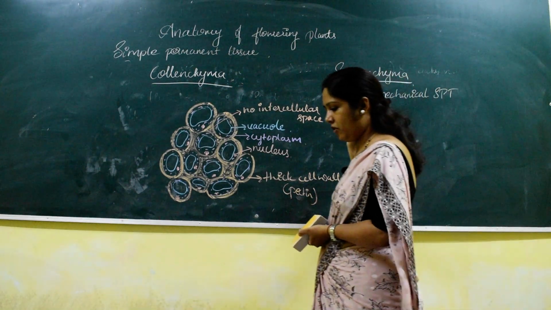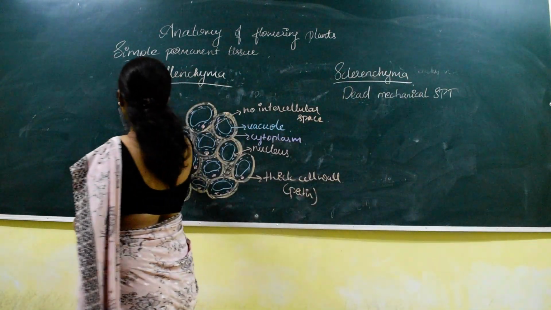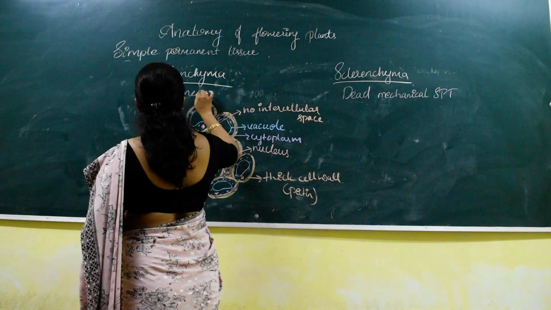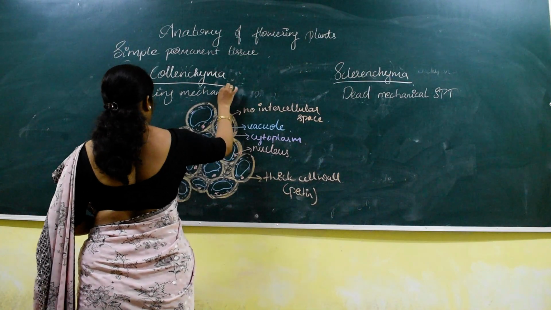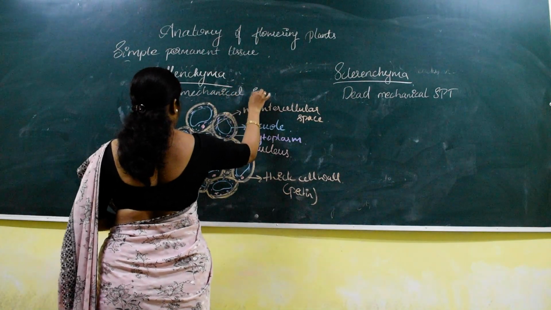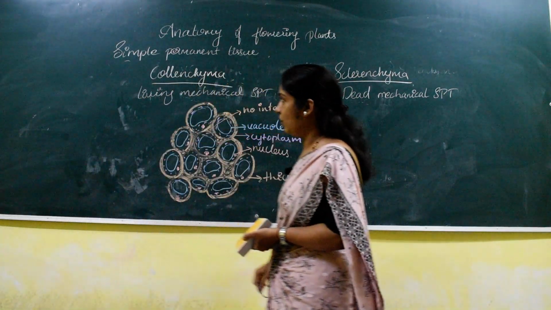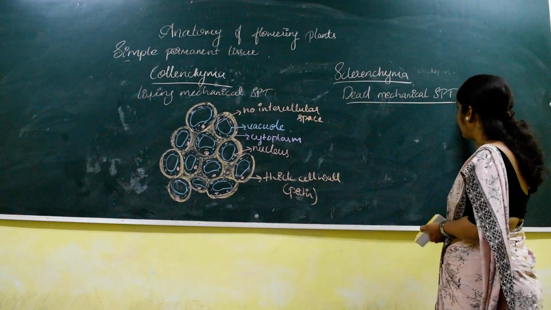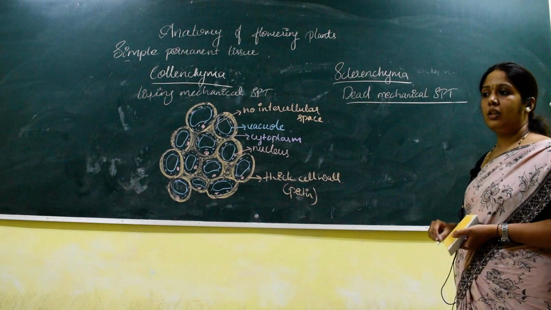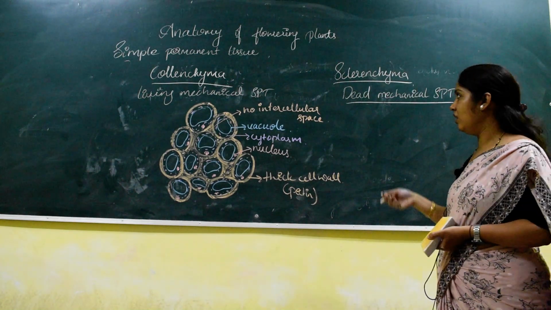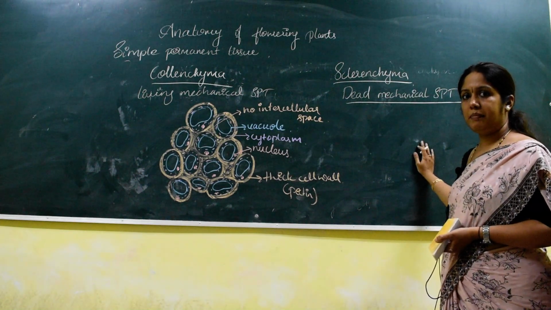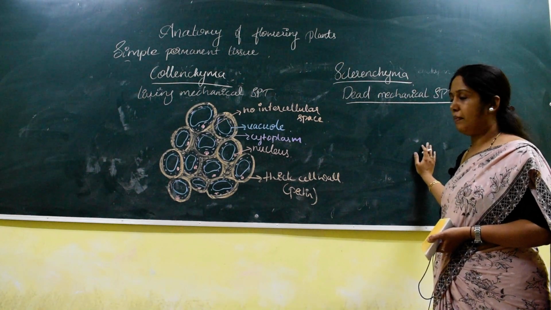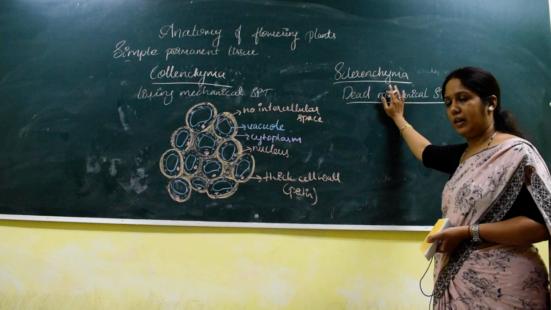I have written in short form, simple permanent tissue, whereas this was called living mechanical simple permanent tissue. Which one? Chloranchyma. Whereas here it is called, very important, dead mechanical simple permanent tissue. They may ask for 1 mark: name the dead mechanical simple permanent tissue. That is Sclerenchyma.